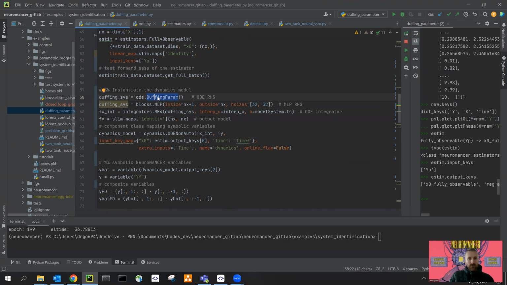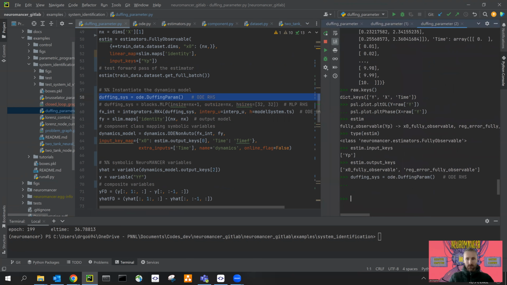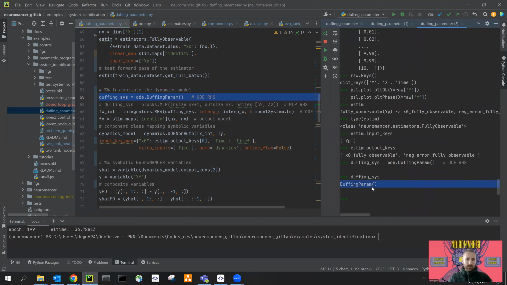Okay, so that's for defining our ODE type system. And it's just a PyTorch NN module. It's a callable. It represents the right-hand side. To make it differential equation, we need to provide a system integrator.